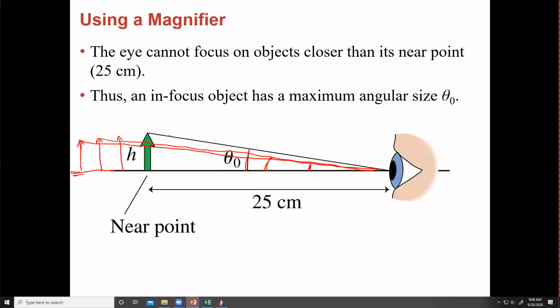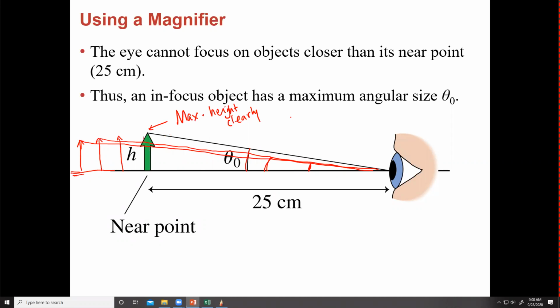If you move the object closer than that, although it may subtend a bigger angle, we won't be able to see it clearly. So this is the limit. At this point, the object we see has the maximum angular size, the point where we see maximum height clearly.